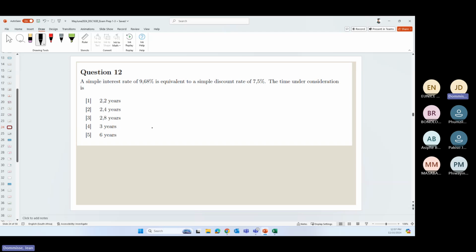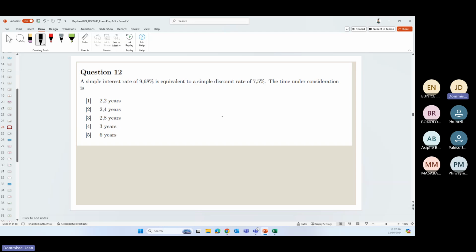Okay, so question 12, and here there's again something interesting. We need to move it from simple interest to simple discount.